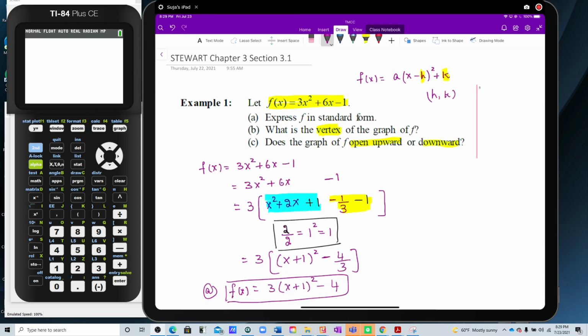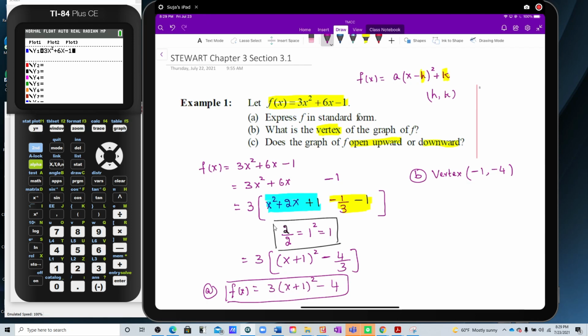From here I can write B, the vertex (h, k), which is going to be (-1, -4). Now, if I graph this function, let me show you in the calculator. Y is equal to 3x squared plus 6x minus 1. I can either put that one in, or I can also put the standard form in.